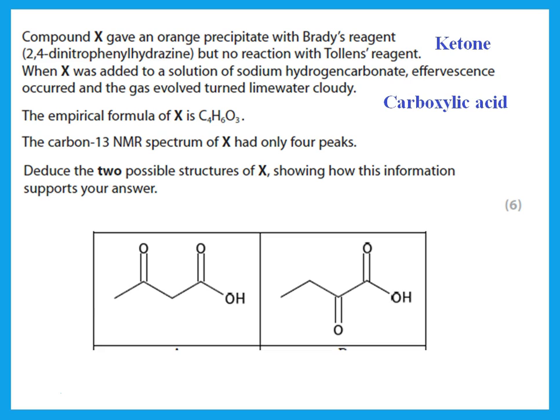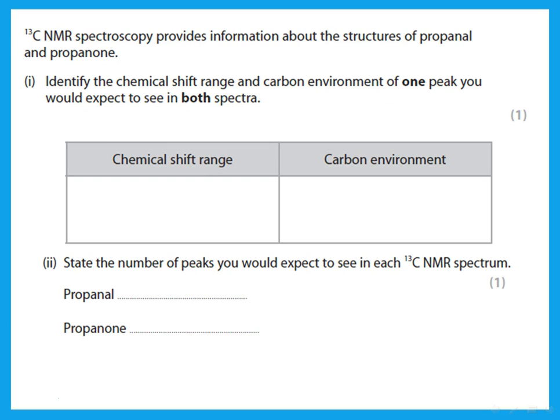So these 2 structures would fulfill all of these requirements. Then another question says carbon-13 NMR spectroscopy provides information about the structures of propanal and propanone. Identify the chemical shift and carbon environment of 1 peak you would expect to see in both.